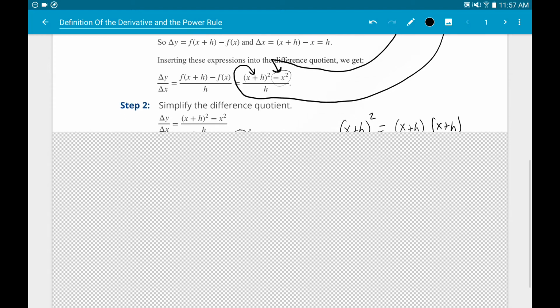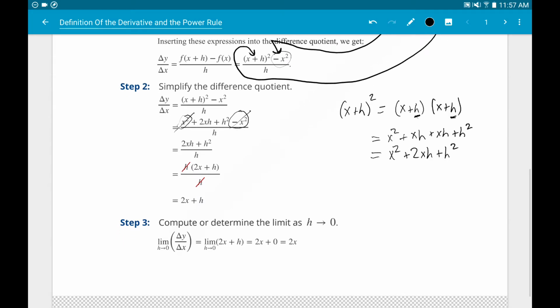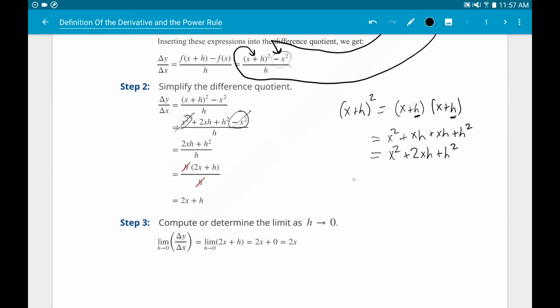So if I wanted to do a limit as h approached 0 here, think about what would happen if you plugged in 0 for h. You'd get 2x times 0 plus 0 squared all over 0.